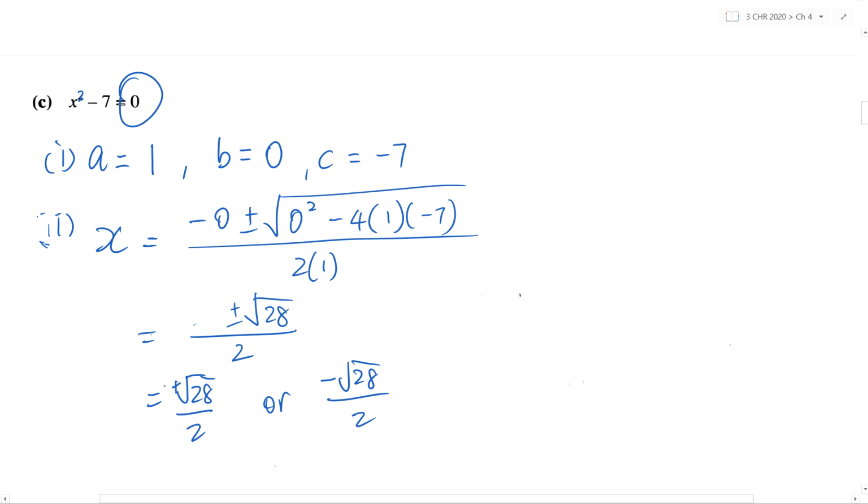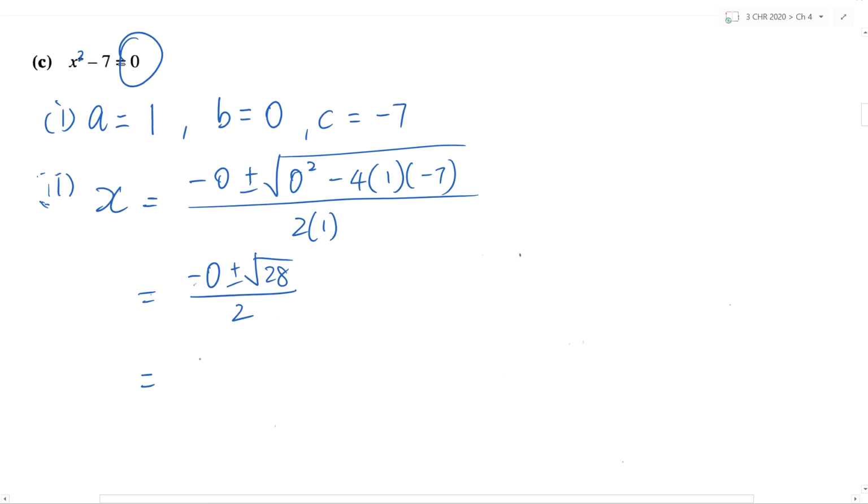Or if you like, you can put a... Okay. Maybe I don't confuse you. I put on the 0 in front. So this is minus 0 plus square root 28 over 2, or minus 0 minus square root 28 over 2. These are our two answers.